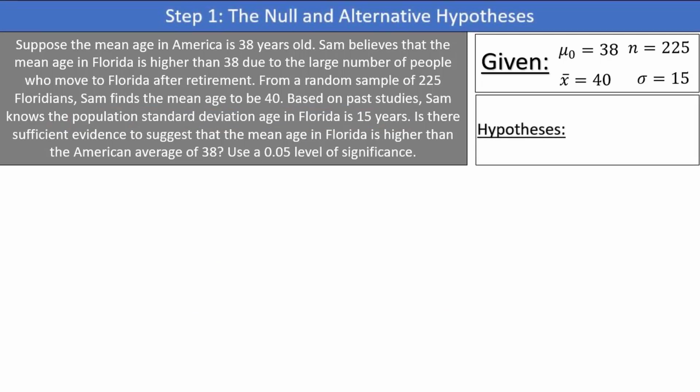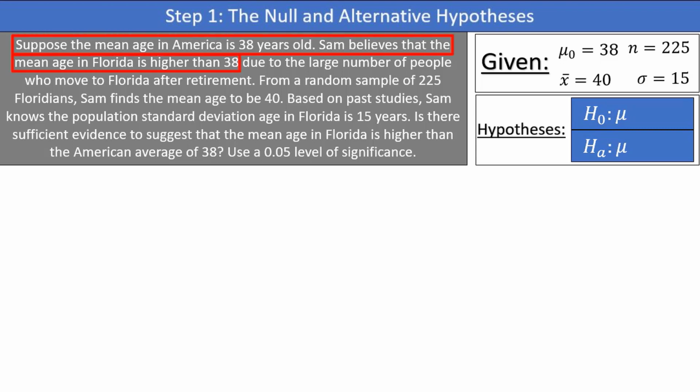Step 1. The null and alternative hypotheses. Every hypothesis test will contain both a null and alternative hypothesis, represented by H sub 0 and H sub a. Since we are testing a population mean, the first part of each hypothesis will be mu. I like to start with determining the alternative hypothesis in most cases. If we reread the first few sentences, we notice that Sam believes the mean age of Floridians is higher than the mean age of Americans.